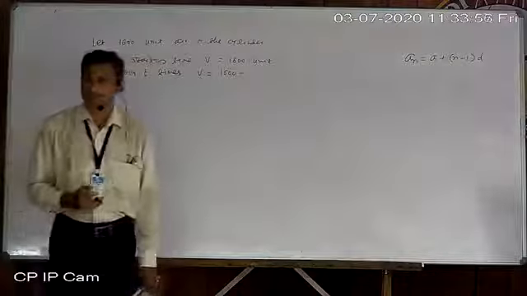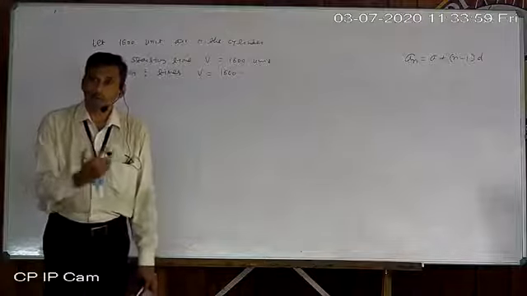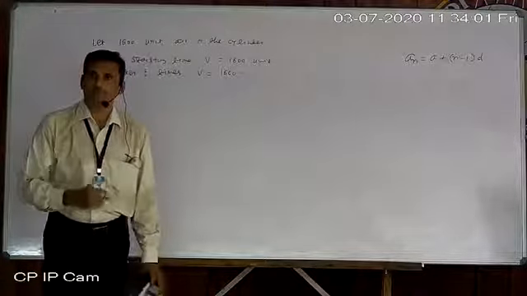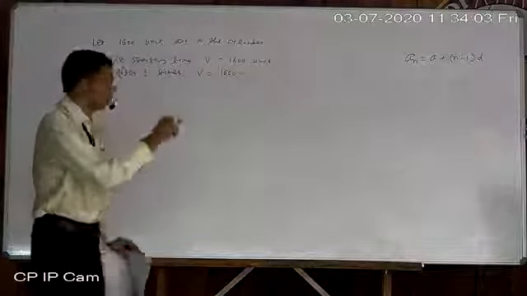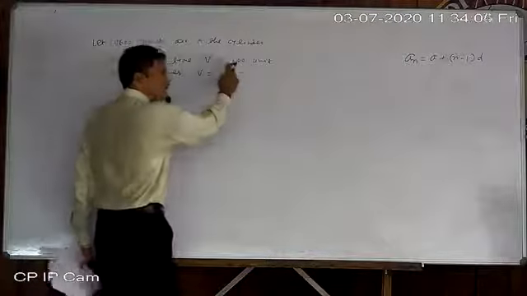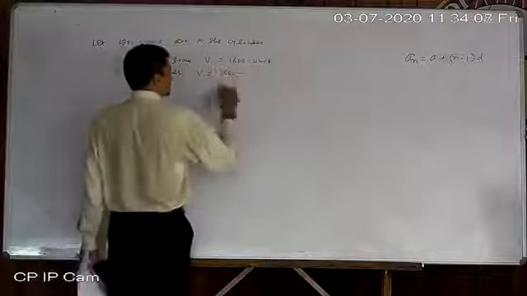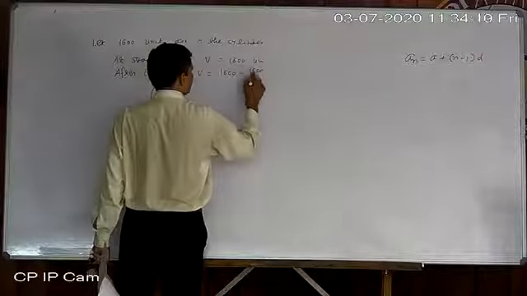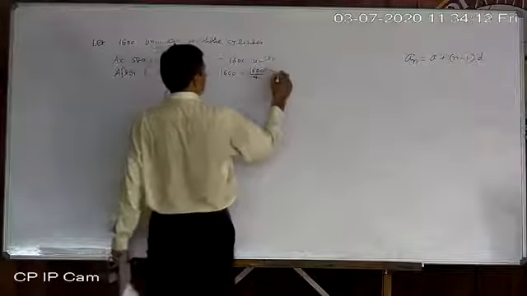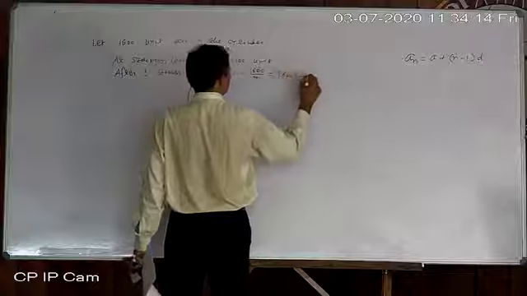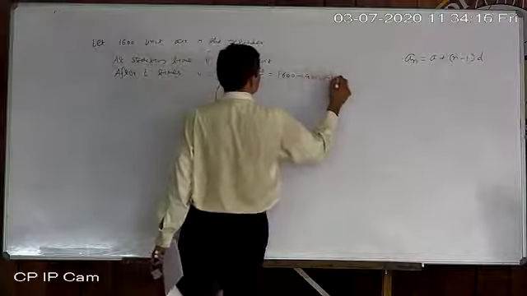How much is removed? The fourth part of the original volume at a time, so the fourth part of 1600 is removed. Obviously it is 1600 minus 400, so it is 1200 units.